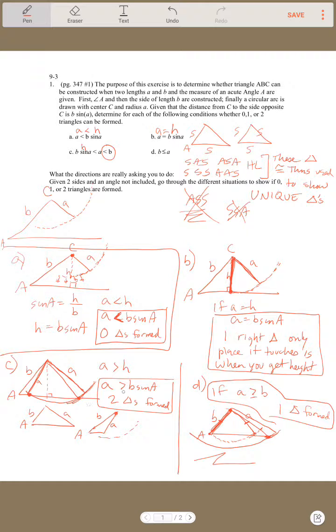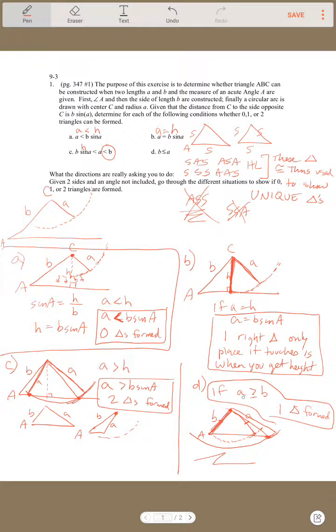In scenario 3, if A is greater than H, as you swing, because it's greater than the height, you'll form a triangle on the right-hand side, and as long as A is less than B, you'll also form a triangle on the left-hand side, making an obtuse triangle. If it's on the right-hand side, you'll get more of that acute triangle. Okay?